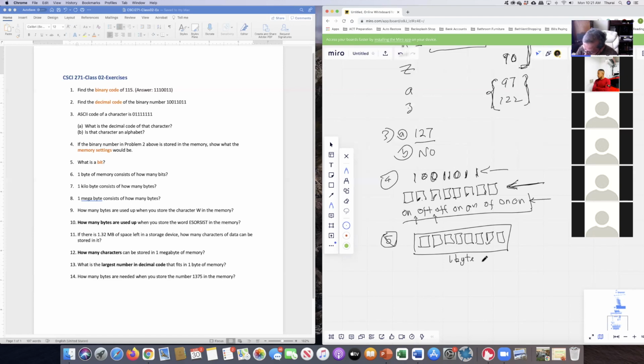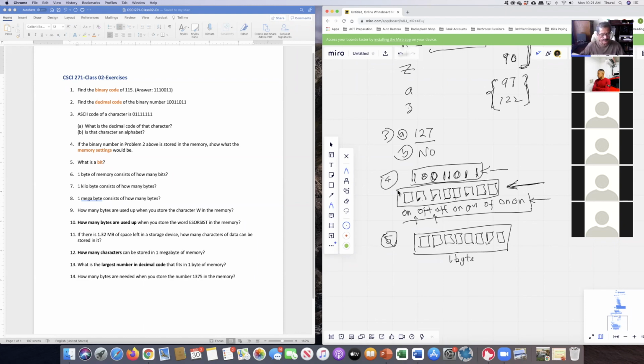So if you're storing this binary code in 1 byte of memory, then the 1 byte of memory will be set to these on and off. Those circuits are going to be turned on and off according to the binary code or ASCII code. So the storage space needed to store 1 character is what 1 byte is, which is the same as 8 bits long.